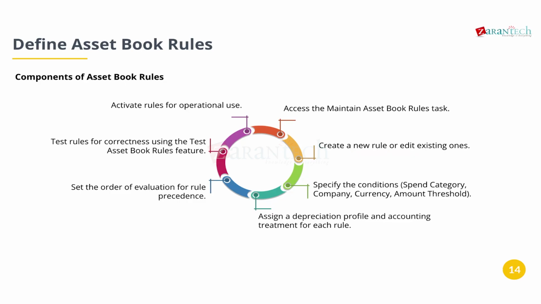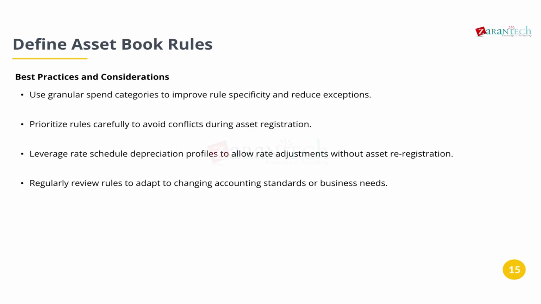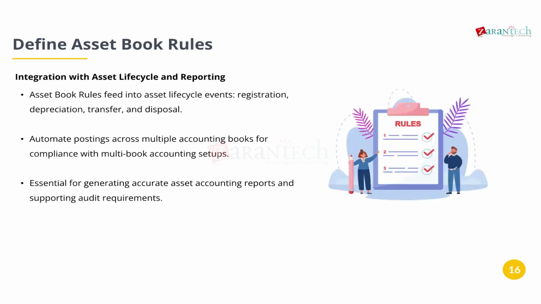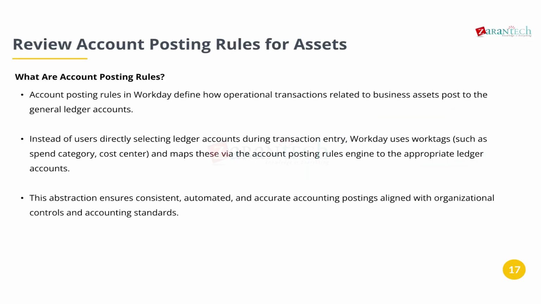So I think the slides are covering it. Let me see the other slides as well, and then we can directly go to the Workday screen. Then we will take it forward. Same thing we have already explained: registration, depreciation, transfer, disposal, and then the accounting will be auto-generated.